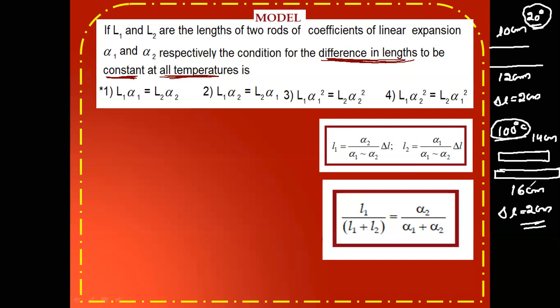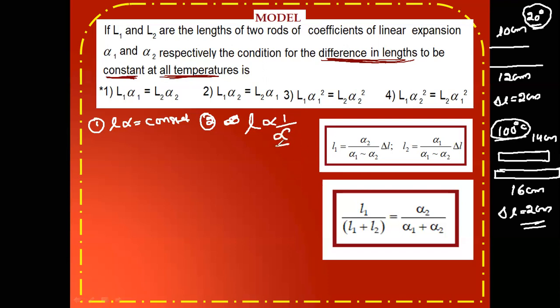If the difference in the length is the same irrespective of the temperature, the first point we have to keep in mind is L into alpha is equal to constant. What does it mean? It means that the value of L is inversely proportional to alpha.